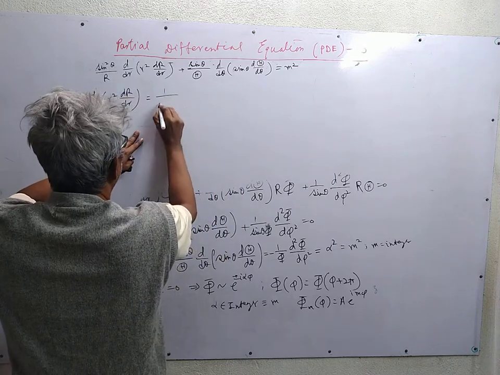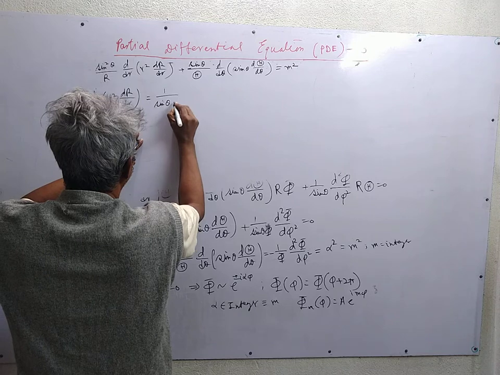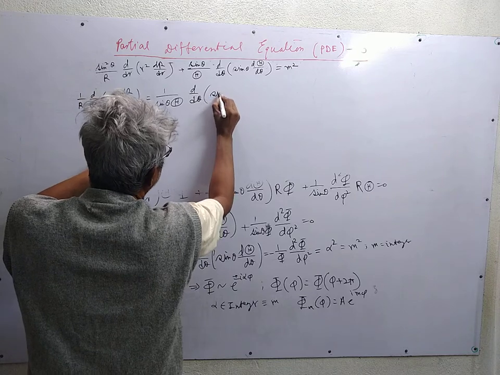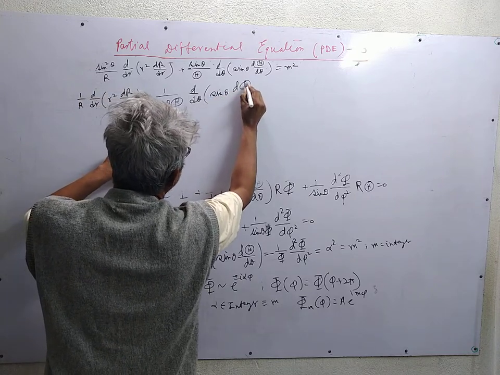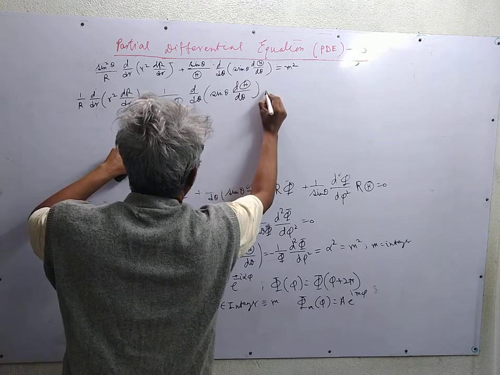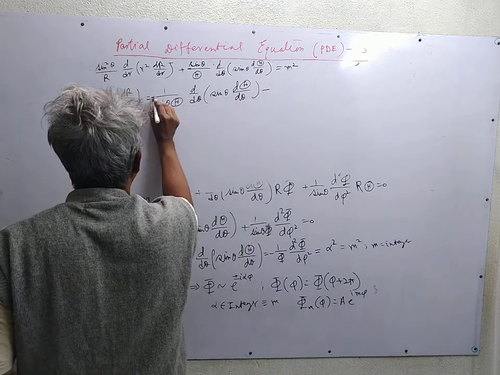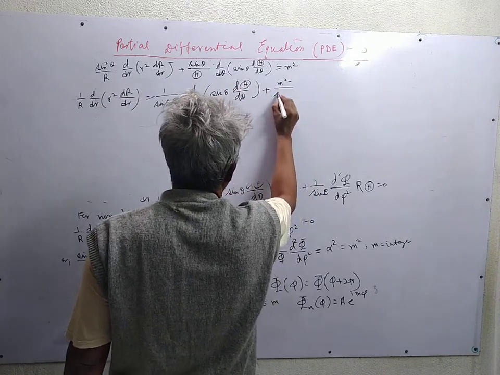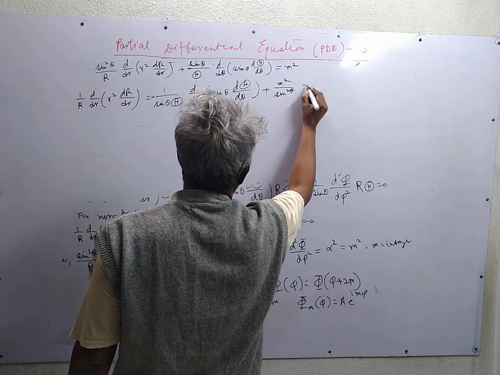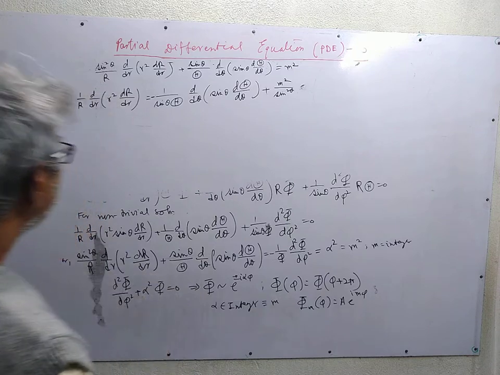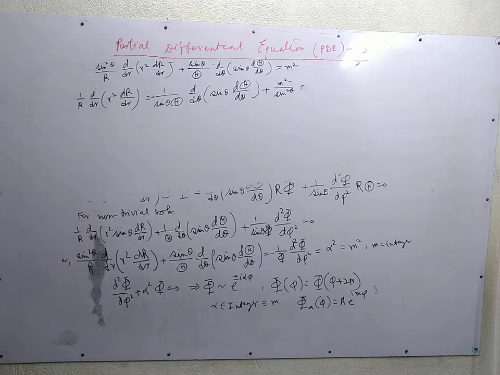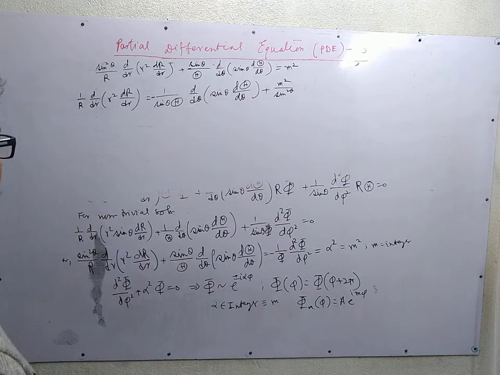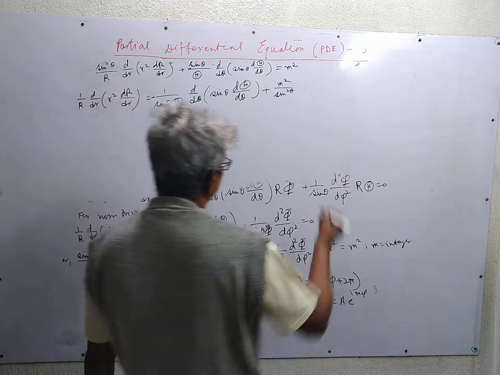So this becomes minus 1 by sine theta Theta d d theta of sine theta d Theta d theta, with a minus sign because it has been taken on the other side, plus m square by sine square theta. Now you see the left hand side is a function of r only, while the right hand side is a function of theta only. So both sides must be separately equal to some separation constant.